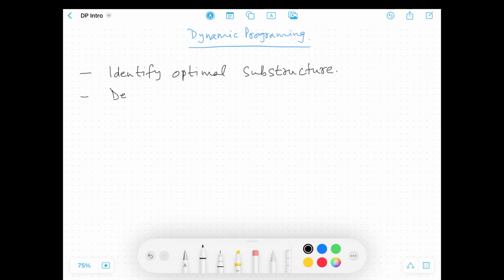Then you define a recurrence for these subproblems.